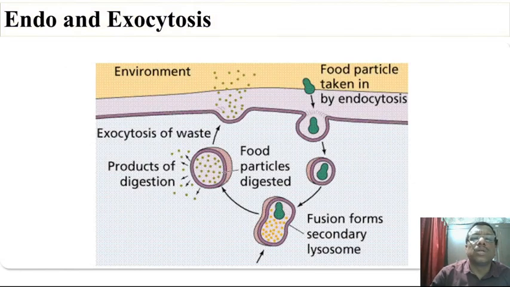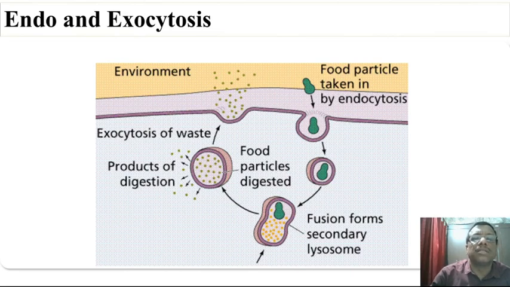Exocytosis and endocytosis may be shown like this. Here the food particle is taken inside, forming a vesicle, and here the fusion of secondary lysosomes and the digestion takes place. After the digestion, exocytosis of the waste products outside the cell into the environment takes place.